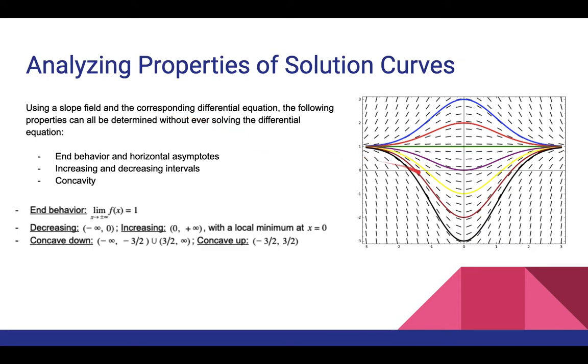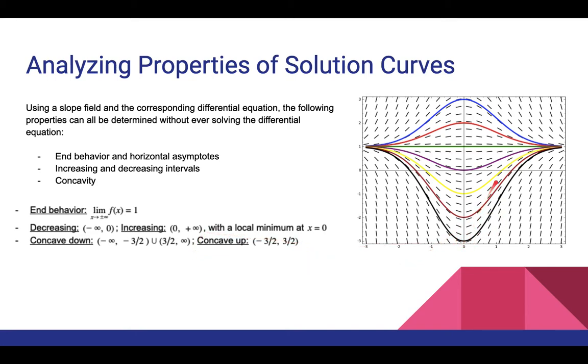So for example, if we look at this slope field right here, we can see that the limit as x goes to plus or minus infinity of the solution of our differential equation is going to be 1, because we see that our solution plateaus at y equals 1. We can see that we're going to be decreasing from negative infinity to 0 for the black curve, and then we're going to be increasing from 0 to positive infinity for the black curve, with a local minimum at x equals 0.